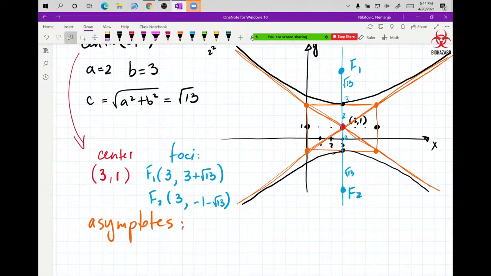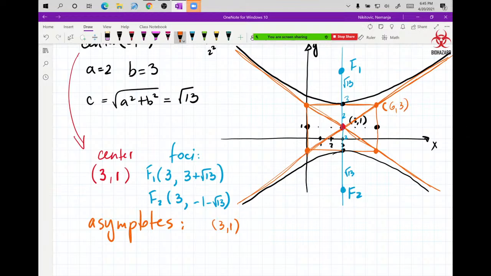And finally, calculation for these asymptotes. So I do have a point of 3, 1, which is the center, and now I need the point in the upper, let's say, right corner, which would be 6, 3, right?